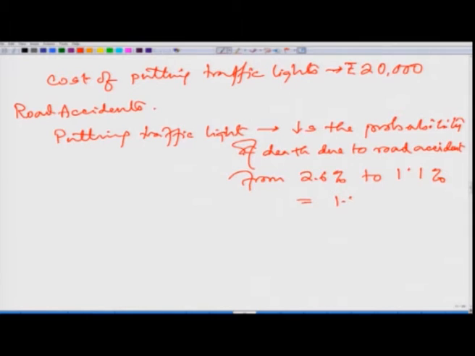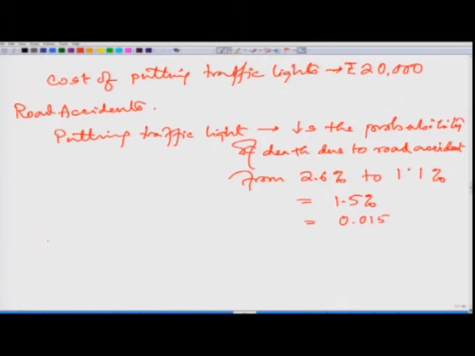That is 1.5%, I can write it like 0.015. Now I can estimate the benefit of living, right?